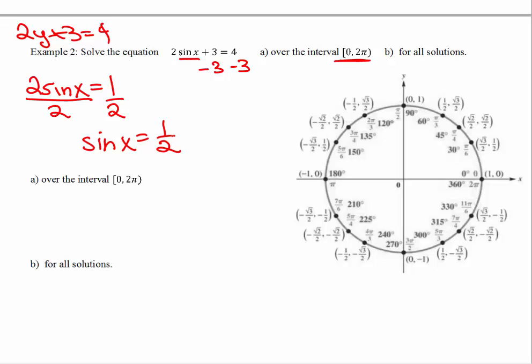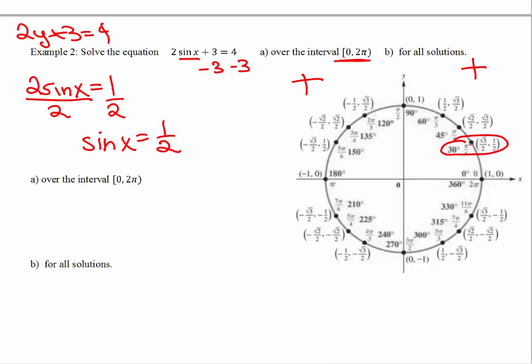So sine is positive, and sine is positive in which 2 quadrants? So we're going to find some angle from quadrant 1 and also from quadrant 2. So sine is positive in both quadrants. What reference angle family are we talking about? We're looking for sine is 1/2. Well, that would be our 30-degree reference angle family.